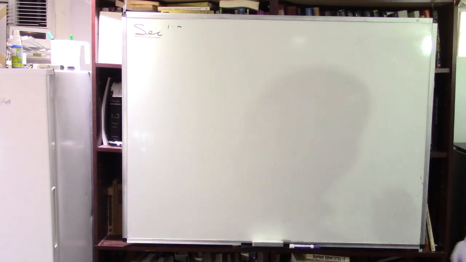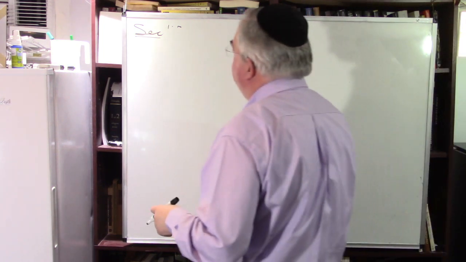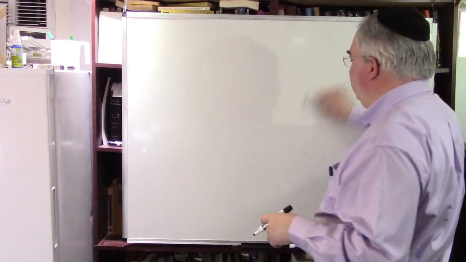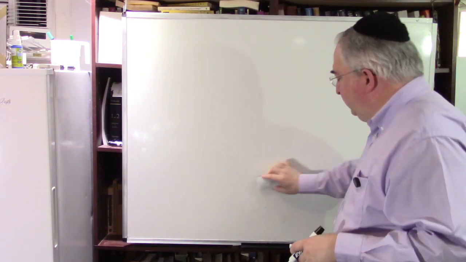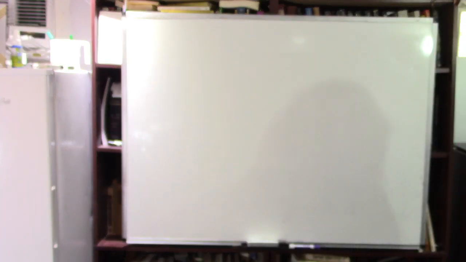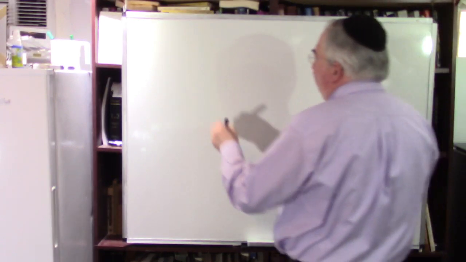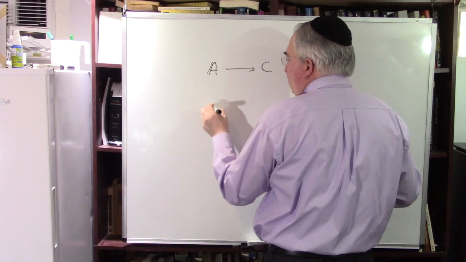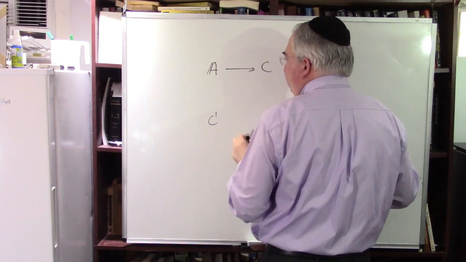Now, we're going to use arrow categories. We're going to use them a lot. We're going to use arrow categories, but I want to show you how arrow categories get along with each other. Let's say we have A over here, and C prime.